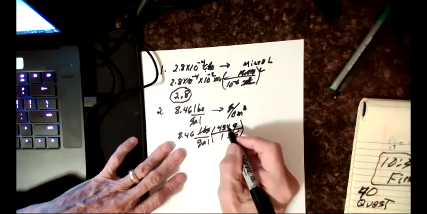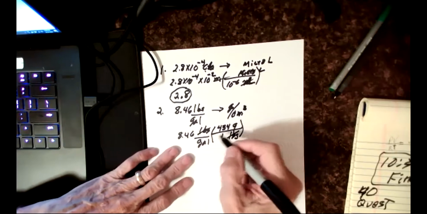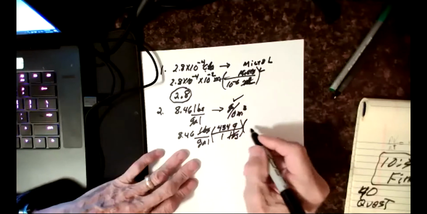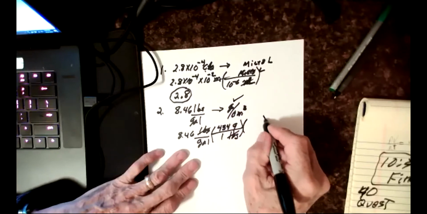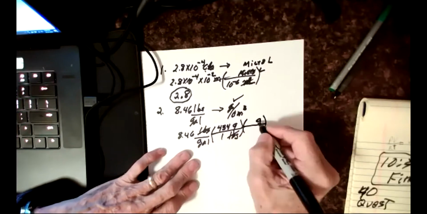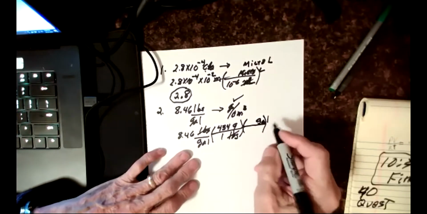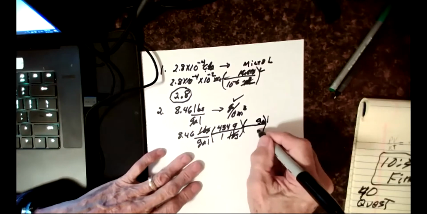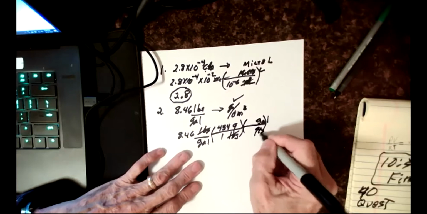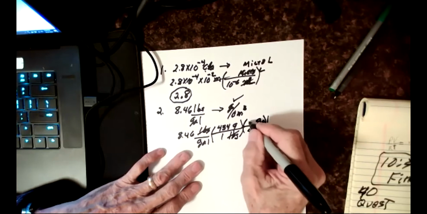So at this stage now, we've got grams per gallon. Grams is where we want it to be, so let's get rid of gallons. Gallon is down here, so I've got to put it up here, and I'm going to go to quarts. There's 4 quarts in 1 gallon.